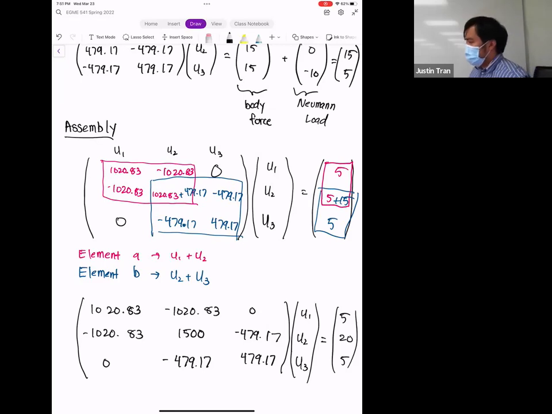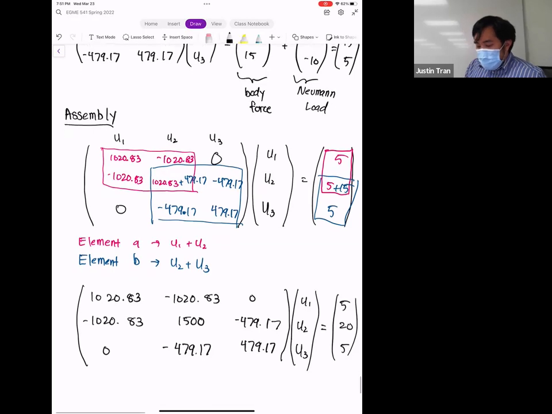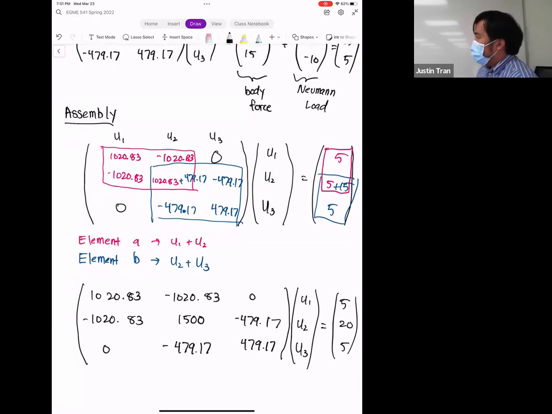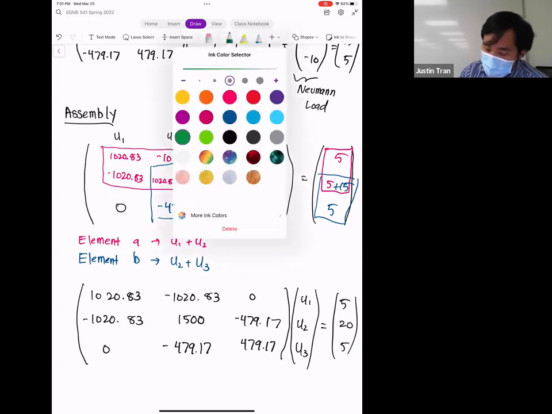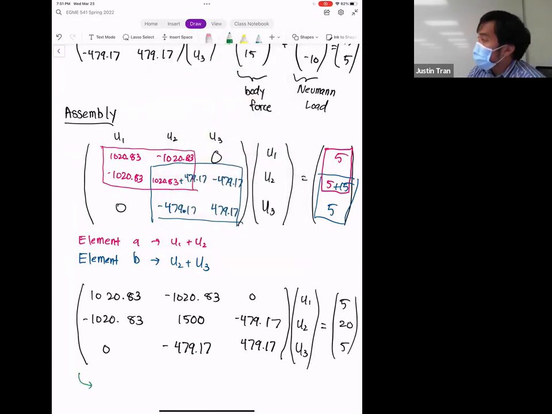Right, but wait, we're not done yet. We've forgotten one very important part of the process. We have to apply our fixed constraint. Remember, we are fixing node 1.